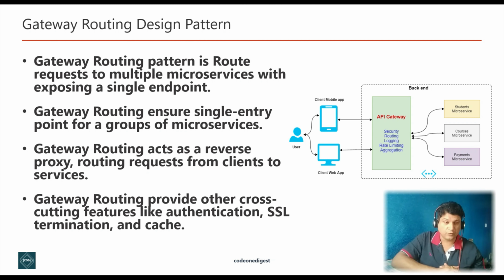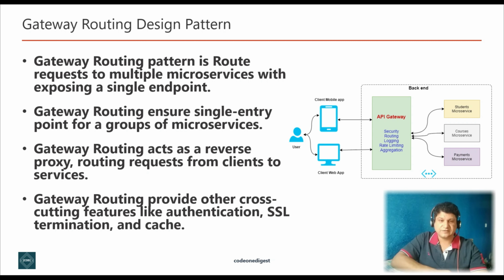This pattern is useful when we want to expose multiple services on a single endpoint and route them to internal backend microservices based on the request. It routes the request to an appropriate service based on certain logic. Route the request to multiple services or multiple service instances using a single endpoint.